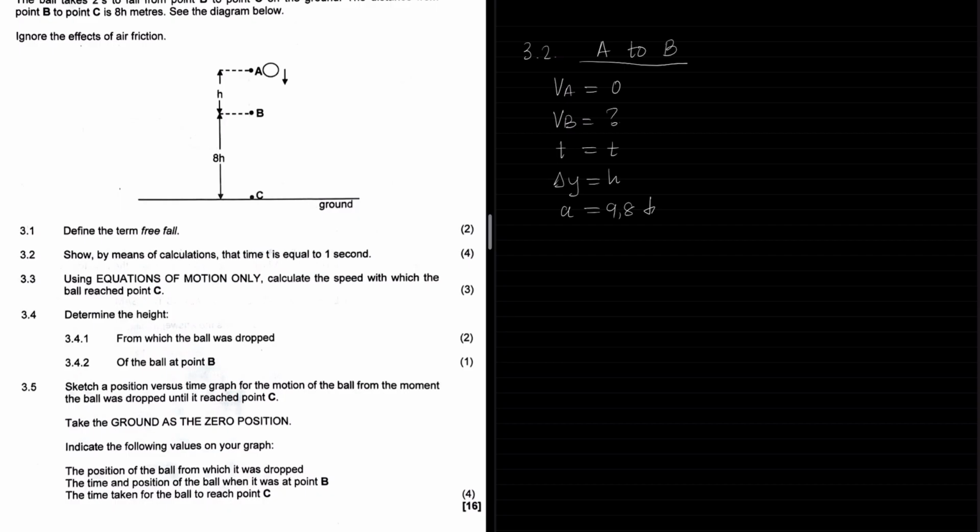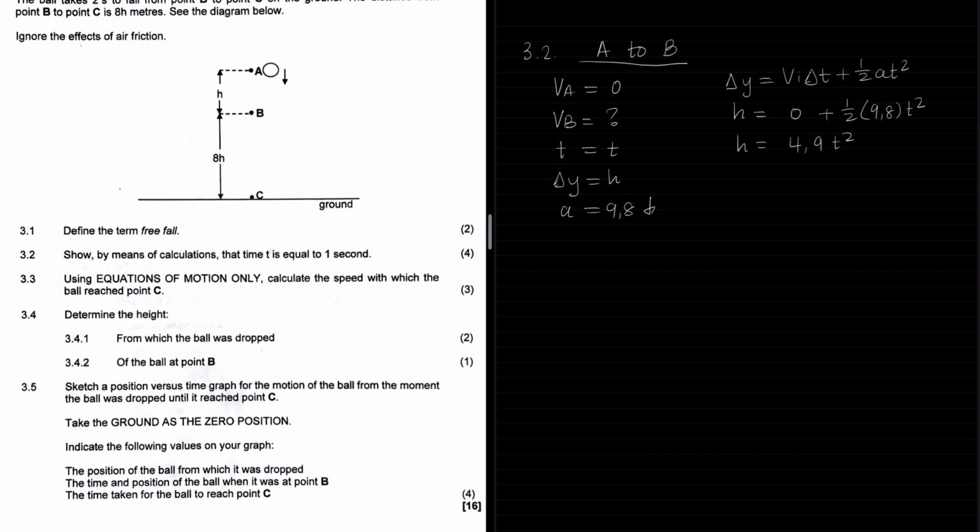So I'm going to use the equation delta y is equal to vi delta t plus half a delta t squared. So h is equal to 0 plus half times 9.8 t squared. h is equal to 4.9 t squared.